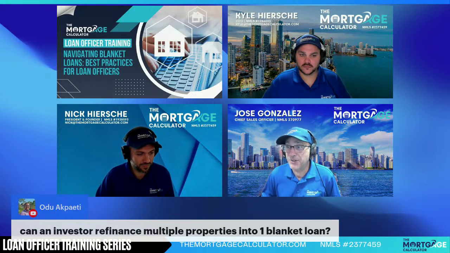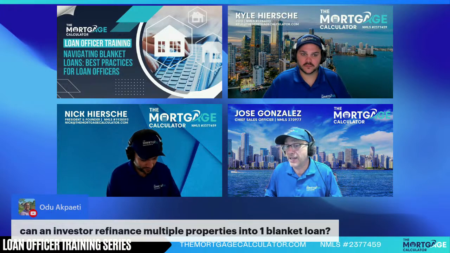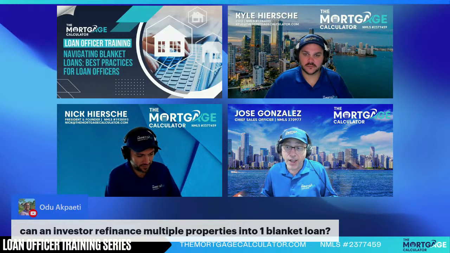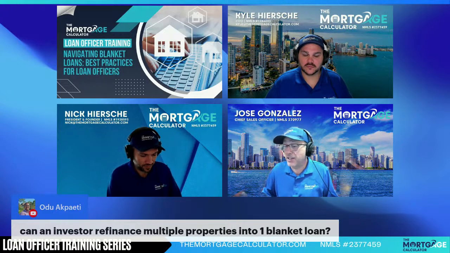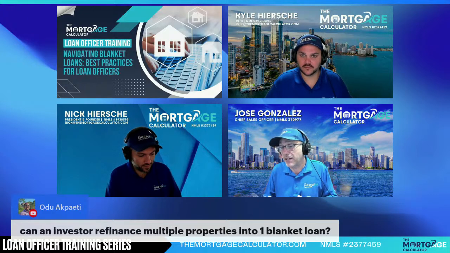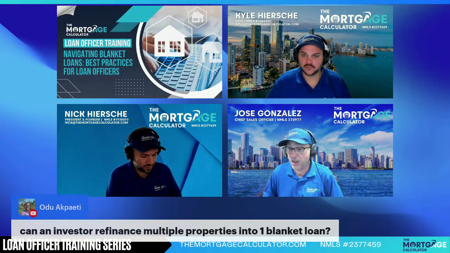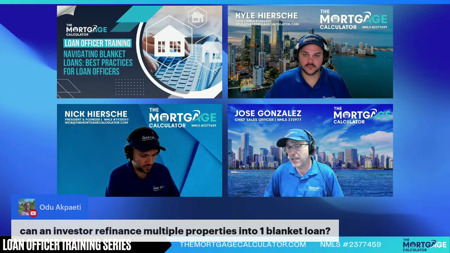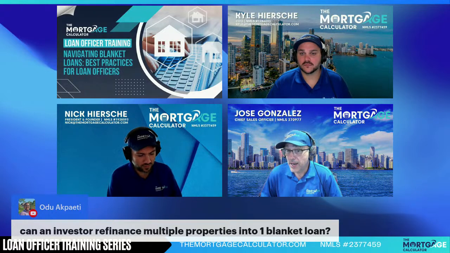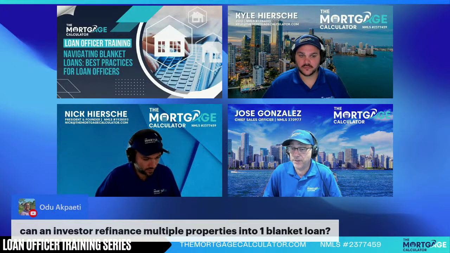So the best way to do it, if they're low valued properties, is to put them into a blanket loan, wait for the properties to appreciate in value, usually what ends up happening, and then a year, two, three down the road, now they're looking to refinance out of the blanket loan. Now the properties are worth much more than 75, 80, or $100,000. And if they decide to keep them, now they're going to refinance usually into a regular DSCR loan and keep the whole process moving.